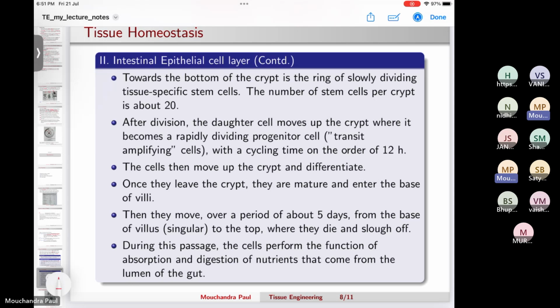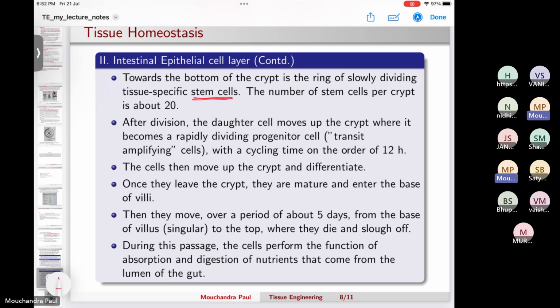Towards the bottom of the crypt, the troughs or valley regions on the surface of the epithelial lining, there are stem cells. These are tissue-specific stem cells, meaning you will find them only in these small intestinal epithelial linings and not anywhere else.